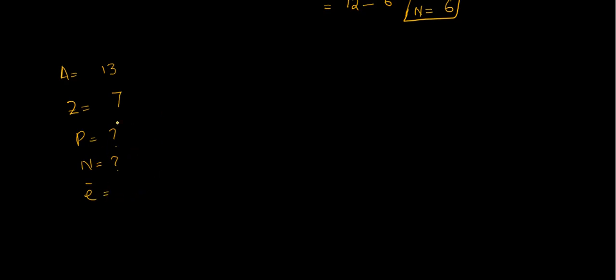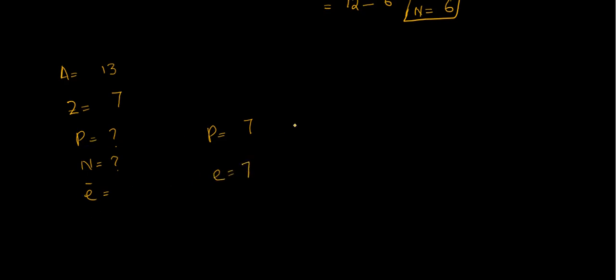As in our previous lecture, the number of protons is always equal to the atomic number. So the number of protons in this element will be 7. The number of electrons and the number of protons are always equal, so the number of electrons will also be equal to 7.